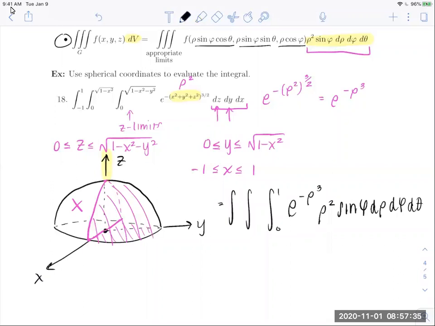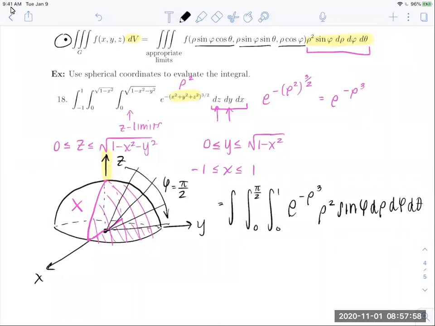So we want to come all the way down. Here's pi quarters, here's pi thirds. We want to come all the way down to the y-axis. So we want phi to go all the way to 90 degrees or pi halves. So my phi is from 0 to pi halves.